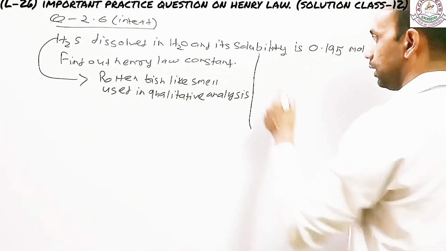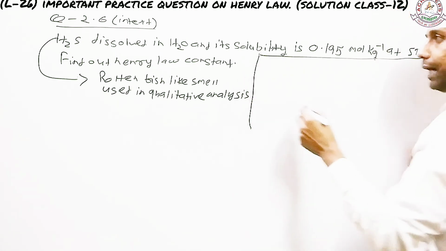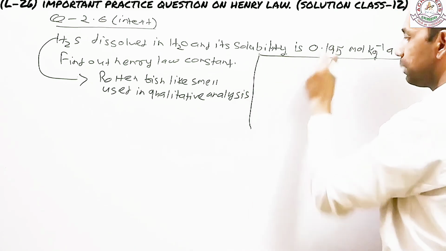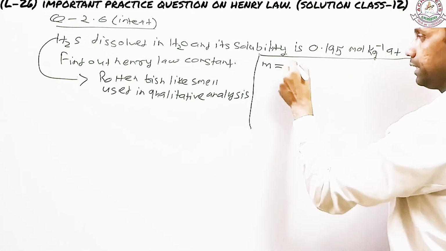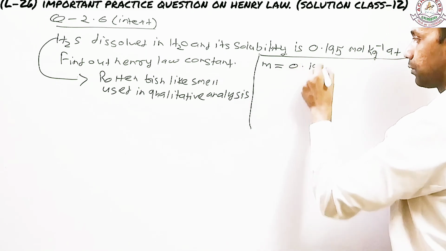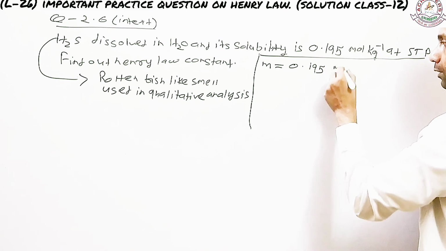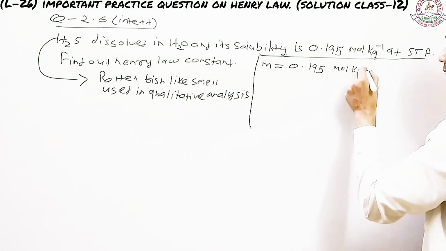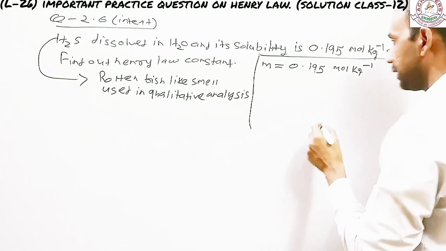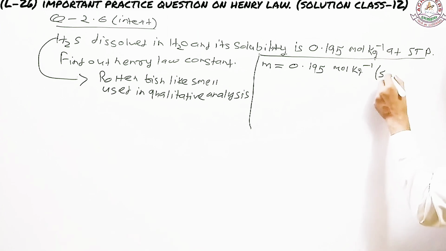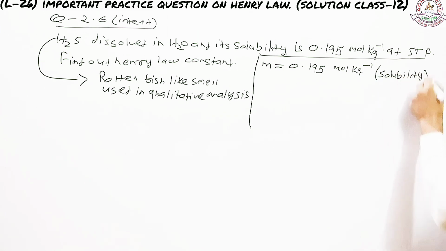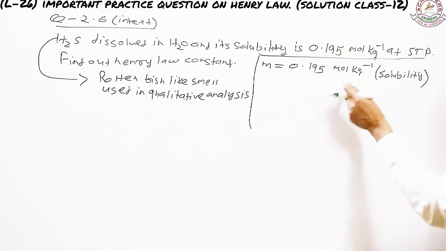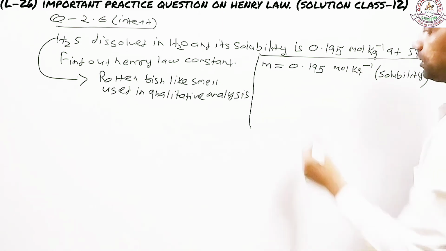The first thing we need to understand is that this value is nothing but molality, which is also the solubility here, 0.195 mole per kg. Remember, solubility can be in terms of mass, in terms of mole, or in terms of mole fraction. But here it is in terms of mole per kg, in molality.